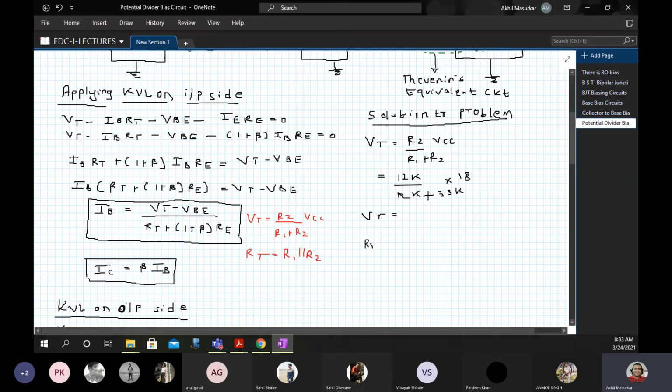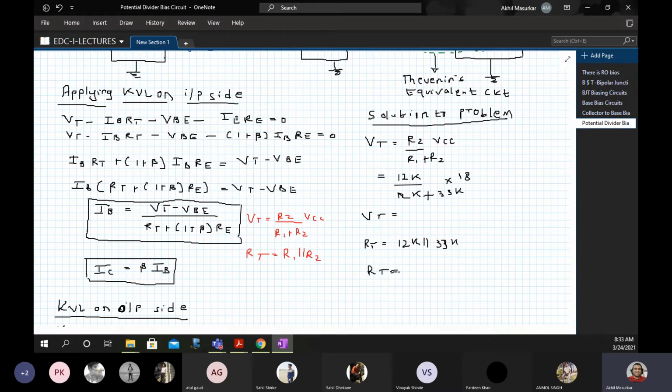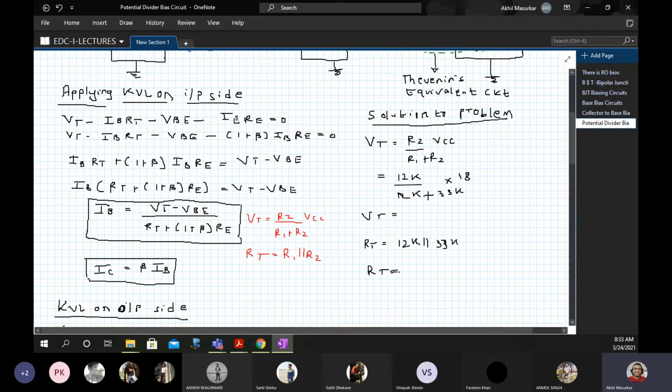Similarly, RT is 12K parallel to 33K. So RT will be equal to what? Yes, what is the value of VT?